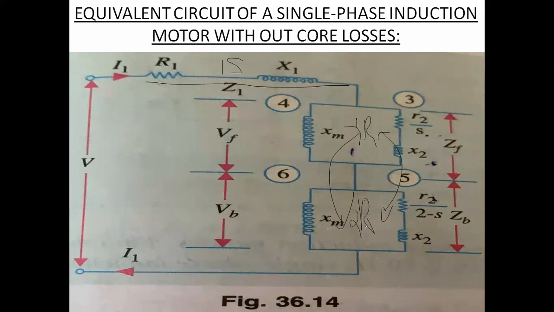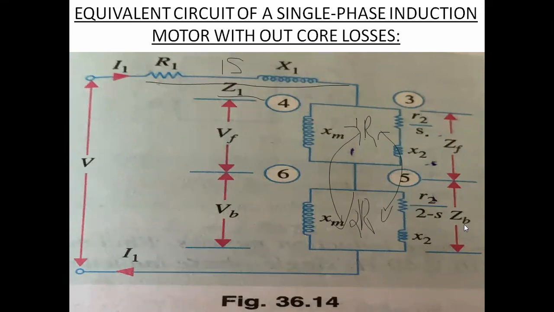What is the stator impedance? R1 plus jX1, that is Z1. Z1 is the stator impedance. What is the impedance of each rotor? For the first one, the impedance is R2 plus jX2, that is ZF, and for the second, R2 plus jX2, that is ZB.